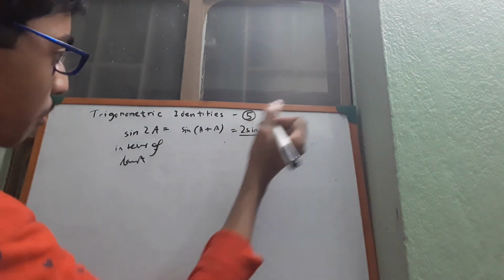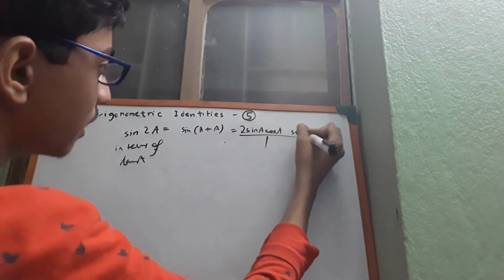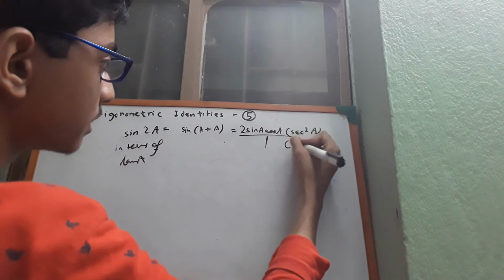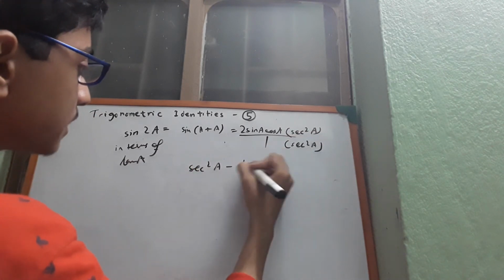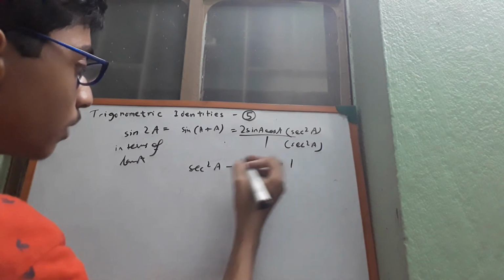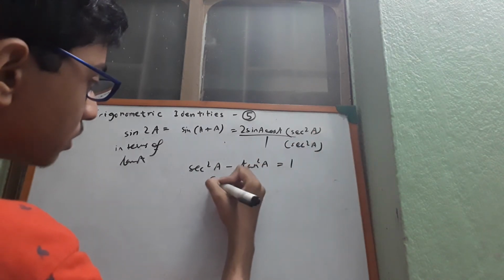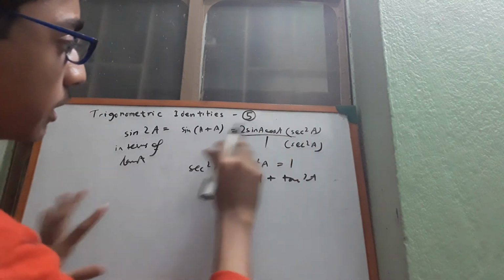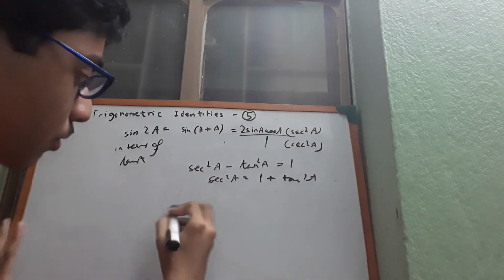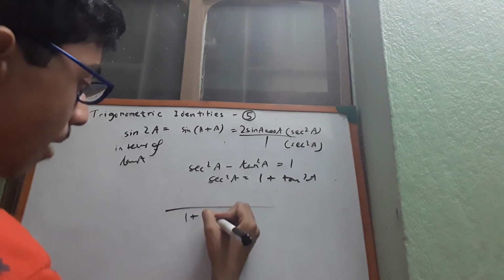Now divide both numerator and denominator by sec square a. We already know that sec square a minus tan square a is equal to 1. So sec square a can be written as 1 plus tan square a. So in the denominator we have 1 plus tan square a, that's in terms of tan a.